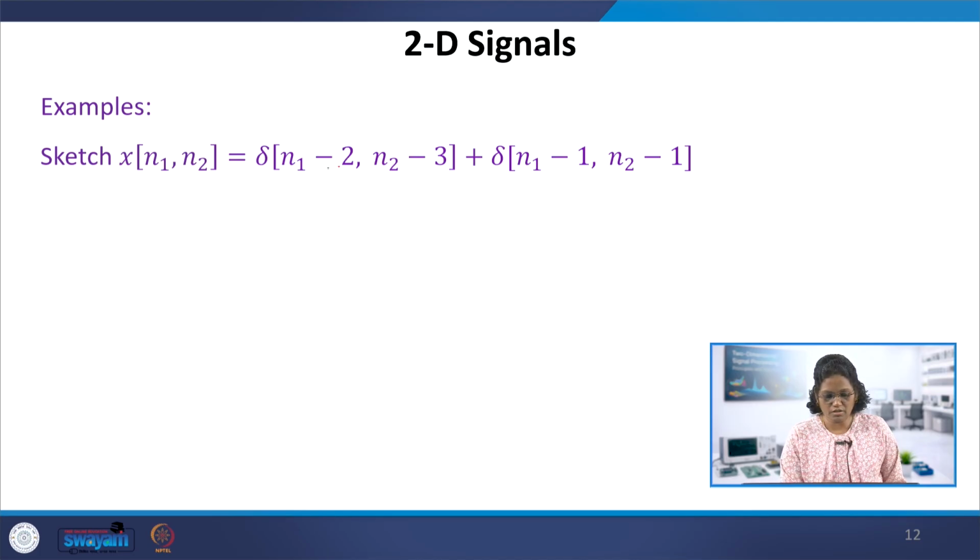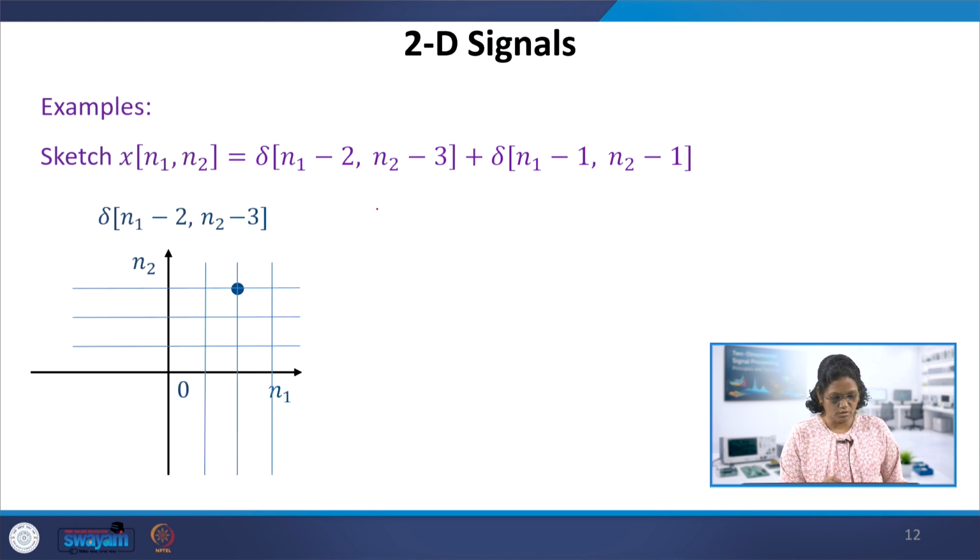This sequence also has delta of n1 minus 1 and n2 minus 1. This is also delayed or shifted, one delay in the n1 index and another delay in the n2 index as well. Now we have to plot the two different sequences and then add them together to get this x of n1 n2 and visualize how it would be.